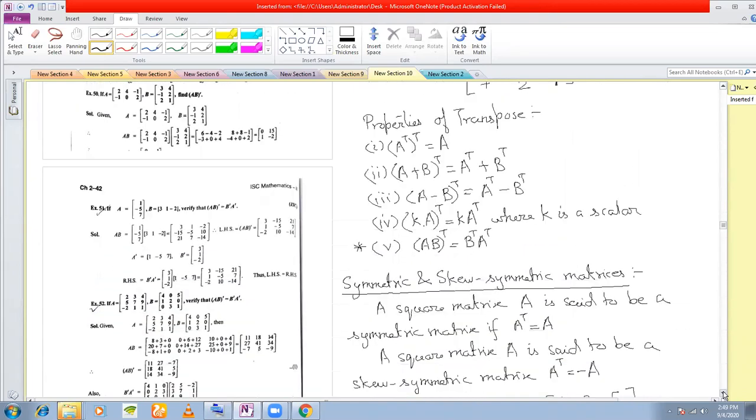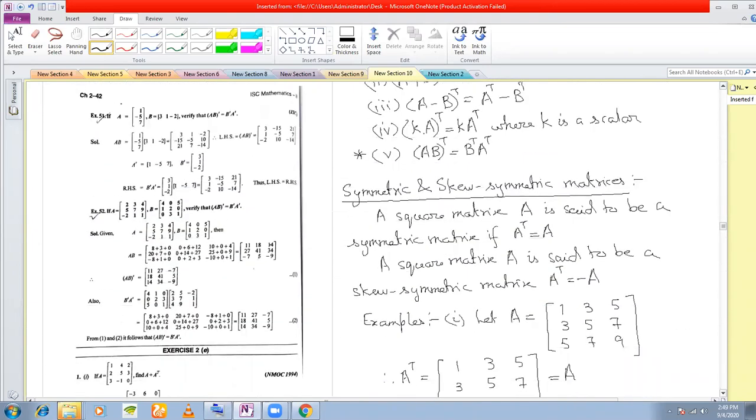You go through this one. I told you, they will give if A is equal to this and B is equal to this, verify that AB transpose is equal to B transpose A transpose. This is your ISC problem. Go through this problem, practice it. Go through this problem also, number 52. Practice it with your own hand.